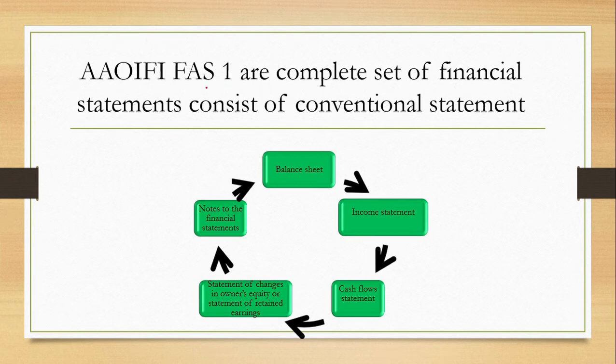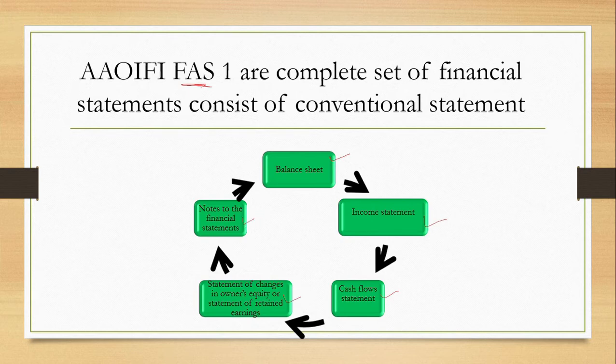FAS 1, which is on the presentation, a complete set of financial statement consists of the conventional statements: SOFP, balance sheet, income statement, cash flow statement, statement of changes of equity and also notes to the financial statement.